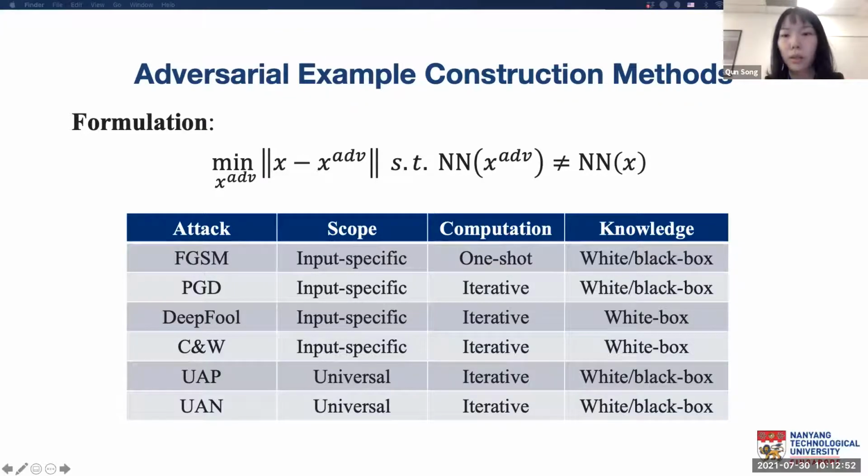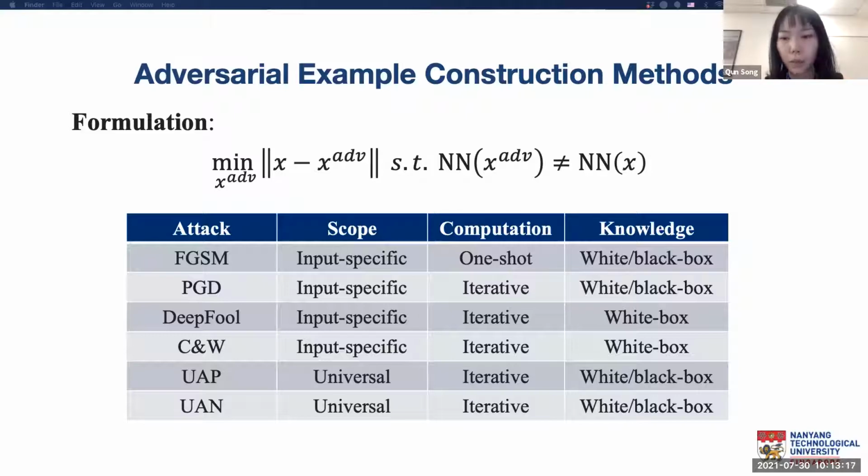The white and black box label means the attack is effective on the target model when constructed based on the target model's parameters. When the parameters are not available, the attack can also be constructed based on a different surrogate model. This surrogate model may be trained by obtaining the training dataset or querying the black box target model.